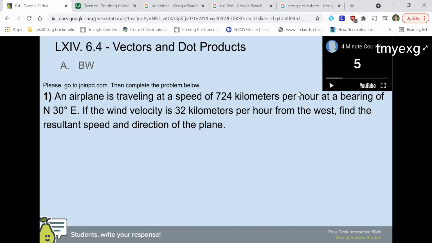And you have a wind that's going directly from west to east at 32 kilometers per hour. What is the resulting vector? Its magnitude and direction.